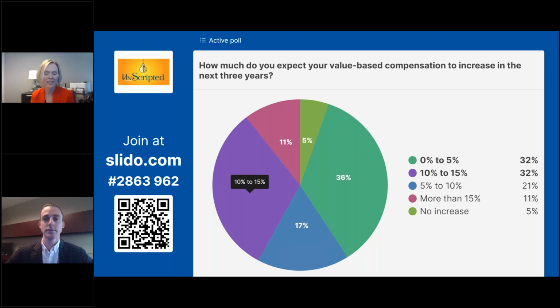This is very interesting to me because we're asking about this from an increase perspective. And I love to see the magenta colored pie up there, that 11%, where some folks in the audience are saying that we are moving, as an organization, to more at risk for value, and we're going to up that by at least 15% in the next 3 years, and that's terrific.